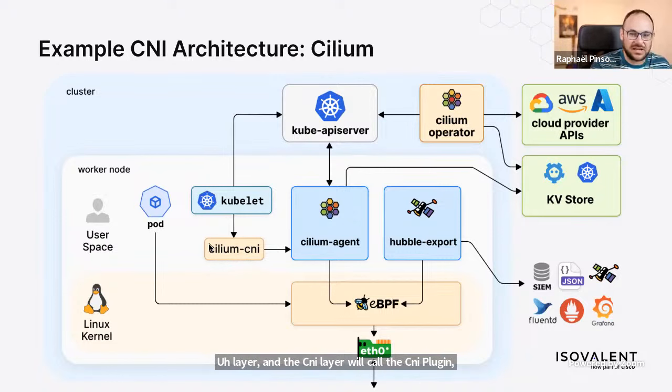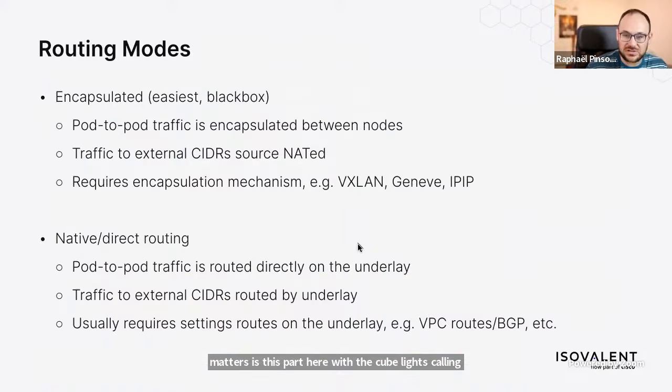And Cilium CNI, in this case, will communicate with the Cilium agent via socket, local socket, and the Cilium agent will configure the node for routing and assign the IP address, MAC address, and so on. So it's a little bit complicated, but essentially what matters is this part here with the kubelet calling CRI, calling CNI, and the CNI plugin doing whatever needs to be done.